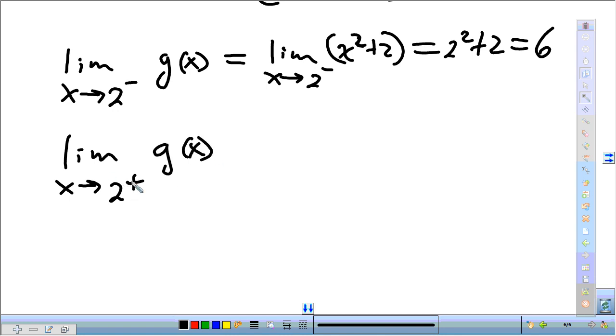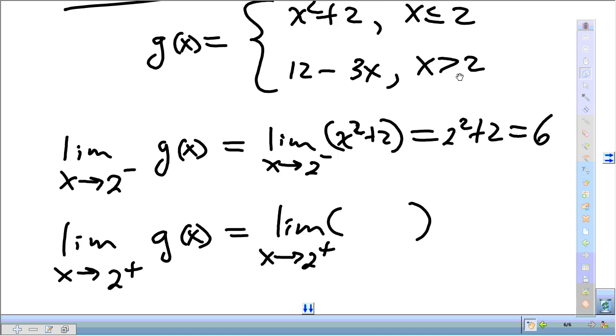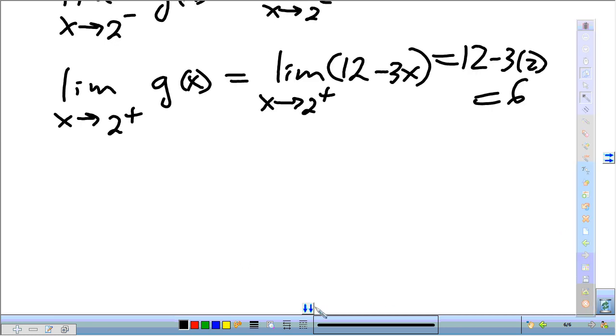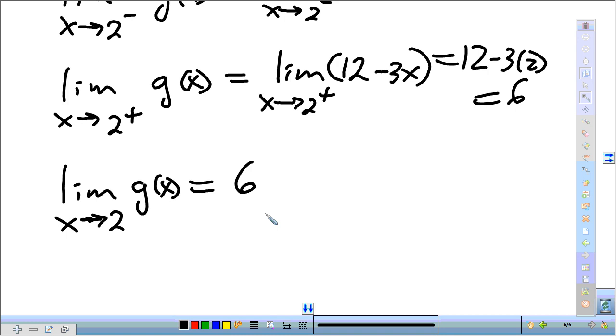If we go to the right side and look at this limit, that would be the case when x is bigger than 2. Well, now it should be 12 minus 3x. Or it should come down to 12 minus 3 times 2, which is 6. This time, the limit as x approaches 2, left and right, is that common value of 6.